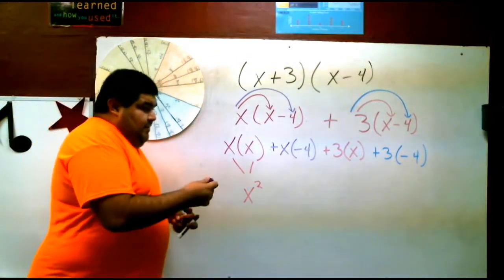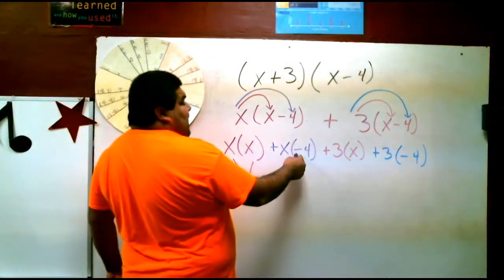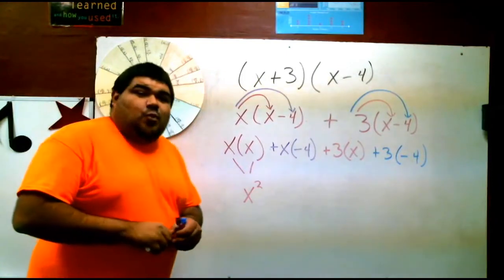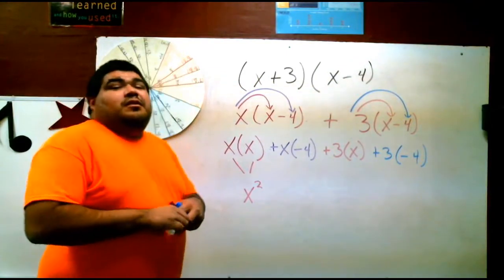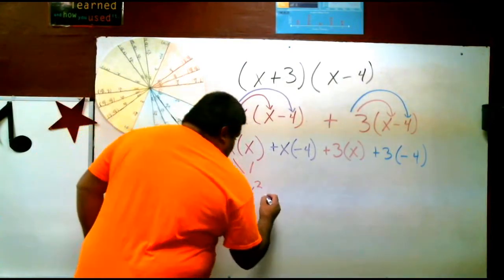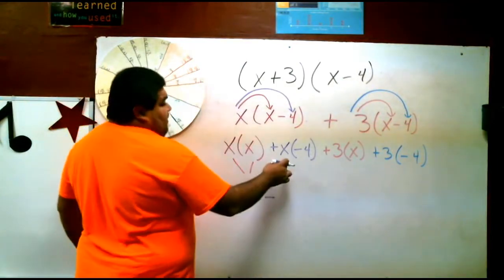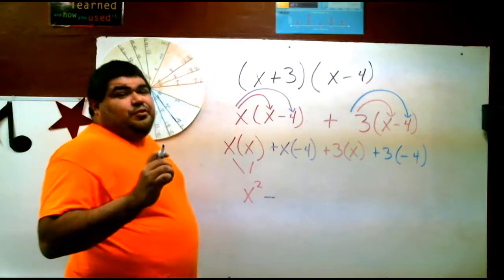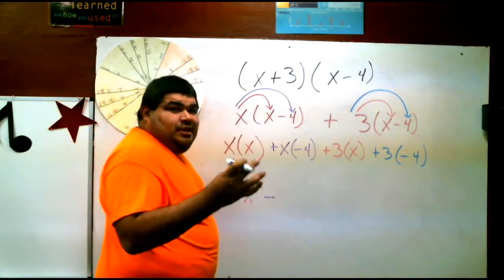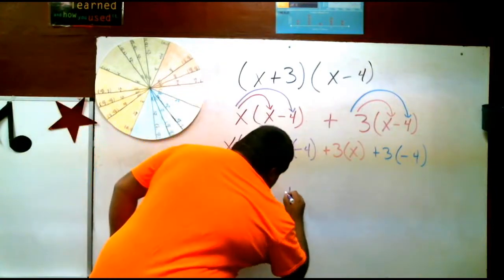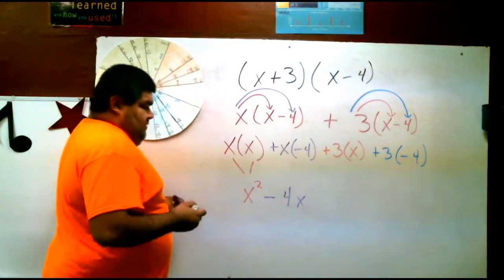Then we have positive x times negative 4. Since one's positive and one's negative, they're being multiplied, the answer is negative. Always put the number before the variable. Since they cannot really combine, you're going to keep both: negative 4x.